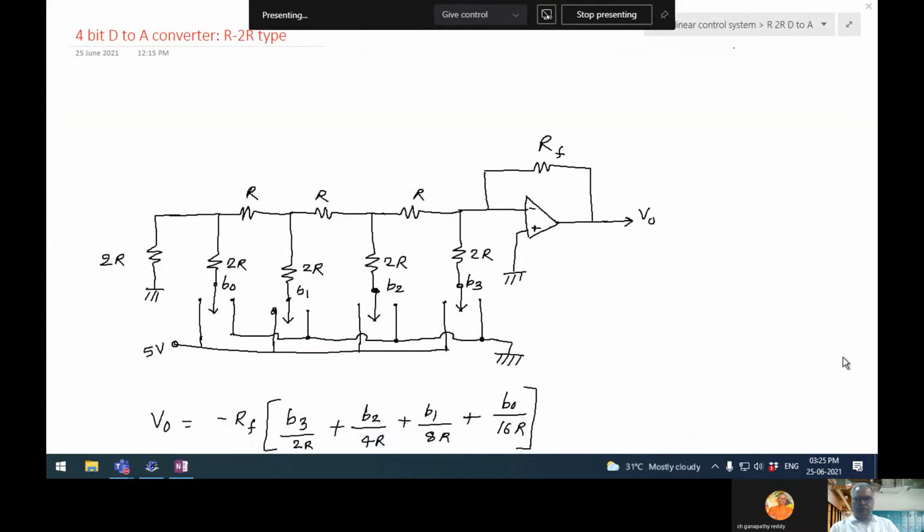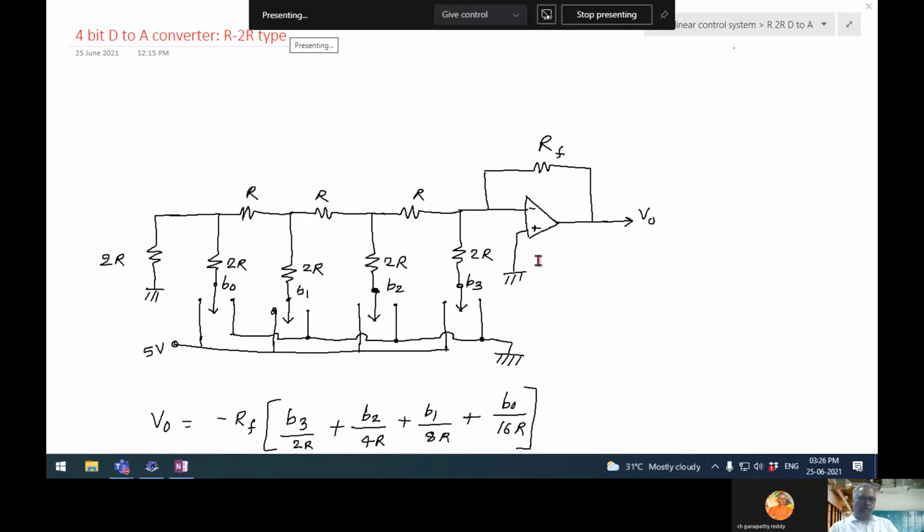First, let me explain the DTA converter circuit, a 4-bit DTA converter, digital to analog. So R2 to R type. The second method is weighted resistors, but we study only this one. This amplifier is connected in inverting mode.